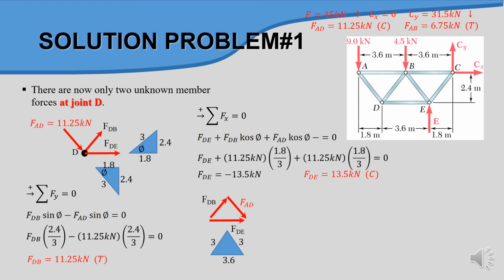Finally we obtain FDB is equal to 11.25 kilonewtons. This is the correct direction, and we state it as tension.